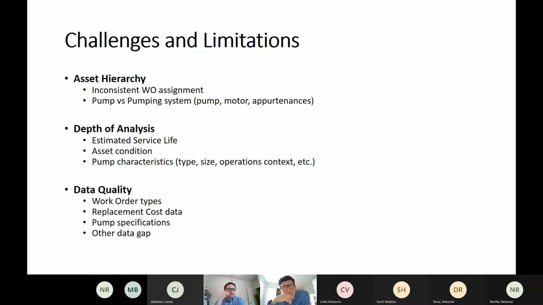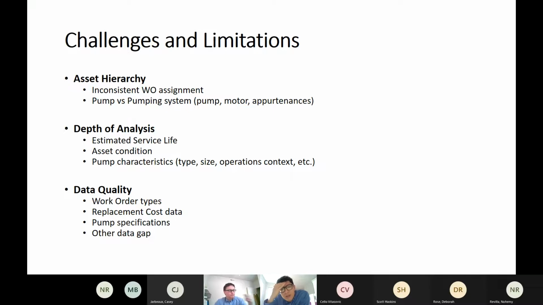When I look at the data, there is a definite work order that's dedicated to a pump, but there are also related work orders to a pump, like the motors and appurtenances around the pump. So how do we draw the boundary of this type of analysis? Because a failing valve that supports a pump, there's an argument that it is part of the pumping system issue. So that's one area of challenges.